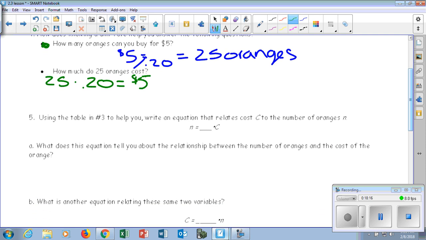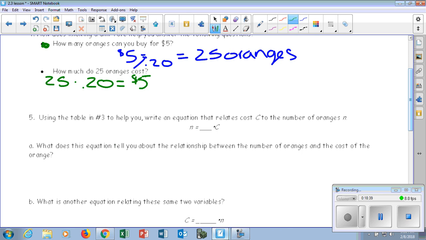So going on to 5, use the table that we created at the top of this page to help you write an equation that relates the cost, which is represented as C, to the number of oranges, which is represented as N. Robert, how could we write this? N equals 0.20 times cost.